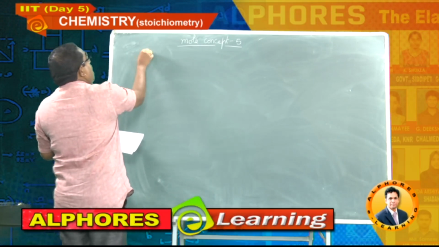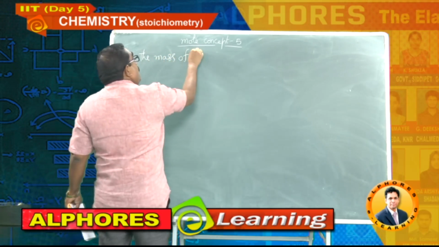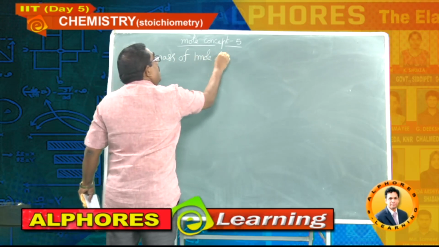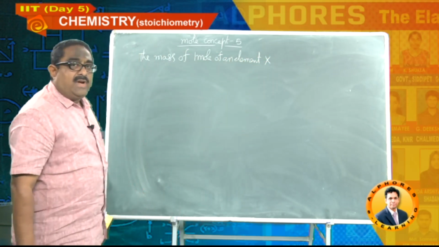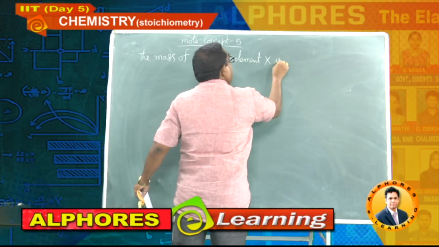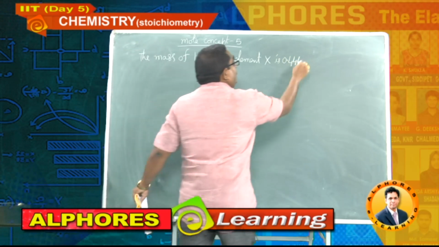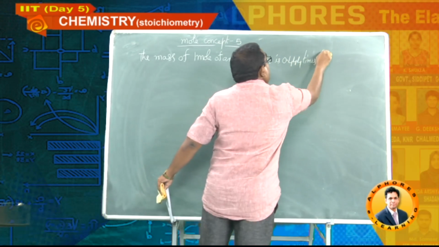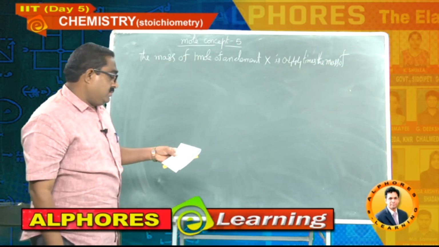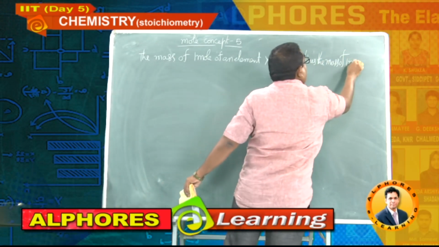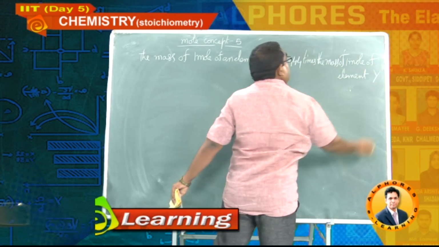The mass of one mole of an element x, 1 mole of an element x is 0.444 times the mass of 1 mole of element y. Write down, students.